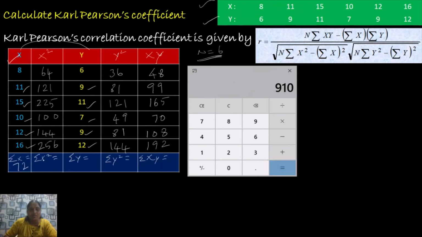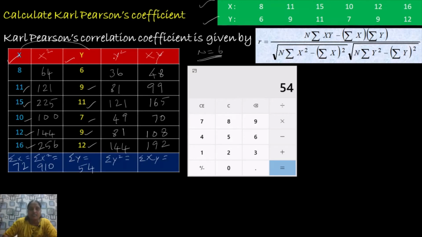That is, the sum of all values of x square is 910. Next, sigma y, that is 6 plus 9 plus 11 plus 7 plus 9 plus 12 equals 54. That is, the sum of all values of y is 54.